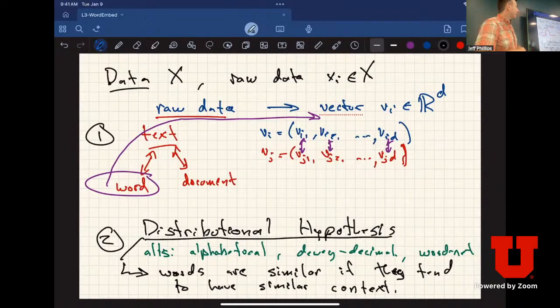So instead, this context is what we see, what we observe in text. This notion of context, we will define in a couple of different ways. We'll see how this is typically defined. And we can then use ideas from learning to represent the words in a way that adheres to this context we've measured from data that we have.